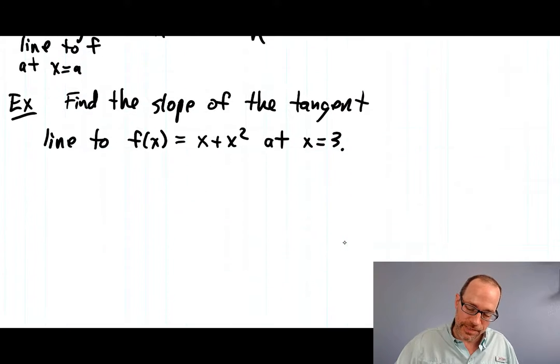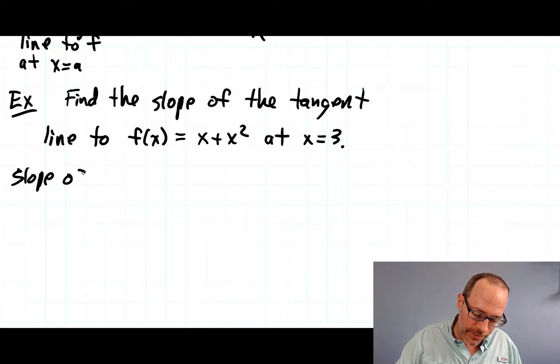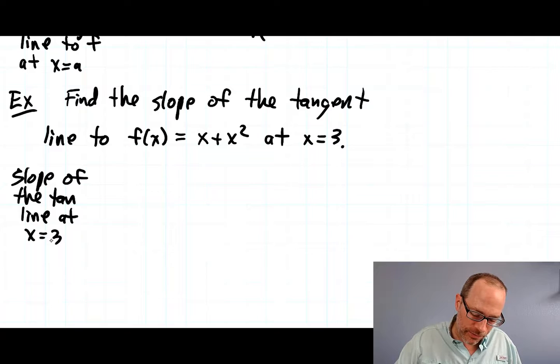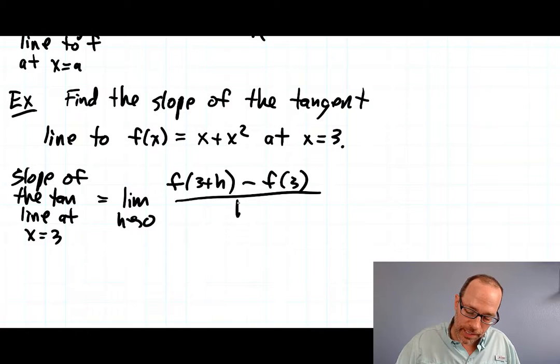Okay? So x plus x squared will be a parabola, and, well, anyway, it doesn't even matter. So here's the answer. The slope of the tangent line at x equals 3, we said you're supposed to calculate the limit as h goes to 0 of f of 3 plus h minus f of 3 all over h.